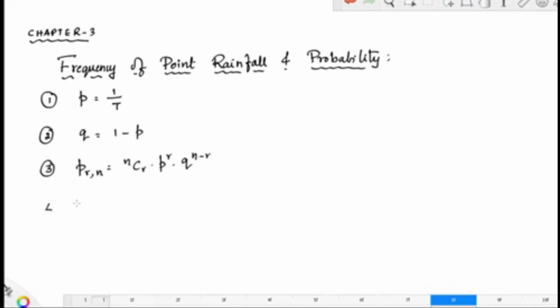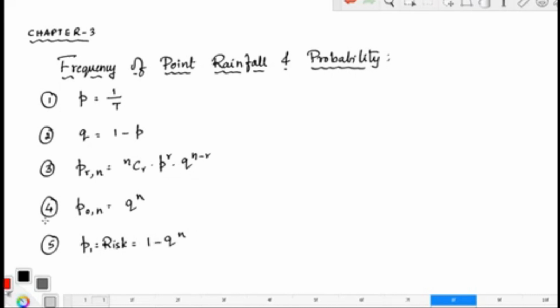Fourth formula, P(0,n) is equal to q to the power n. Fifth formula, P1, that is nothing but risk factor, is equal to 1 minus q to the power n. So these are the things which you have to remember. These four are more than sufficient.